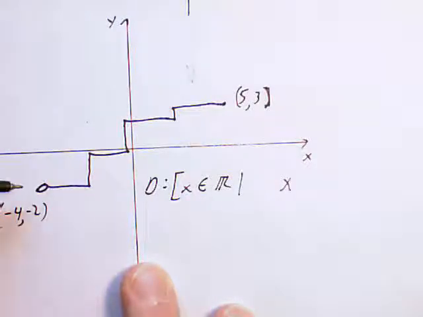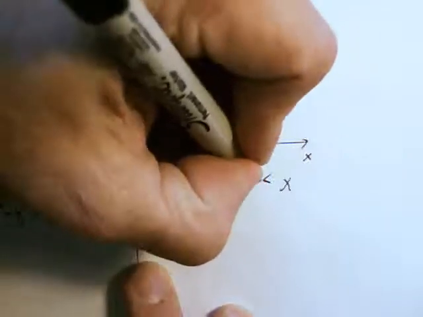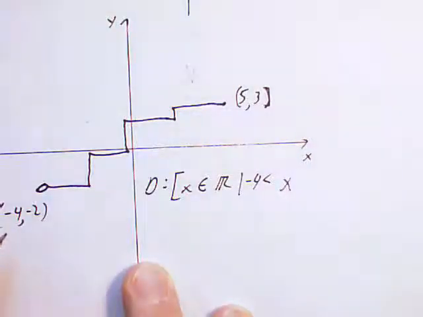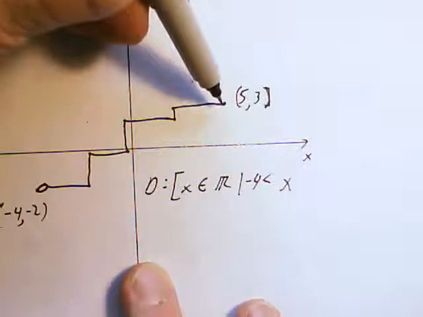Now, since I've got this open hole here, I cannot use greater than or equal to. I can only use greater than. It can get very close to -4, but it cannot be equal to -4. And then this end, since it's a closed dot, that can be less than or equal to 5.